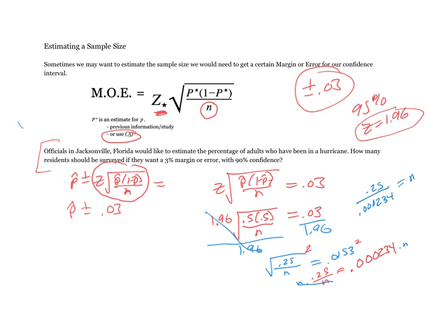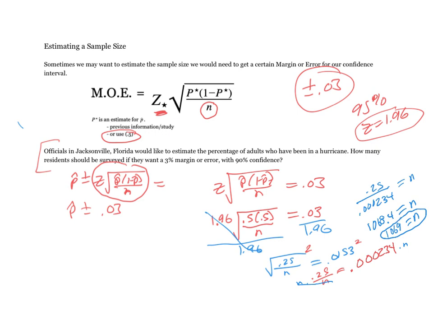So I'd do 0.25 divided by 0.000234, and I would get n equals 1068.4. And we can't ever sample 0.4 of a person, so the rule is you round to the next whole person. So my n would be 1,069.